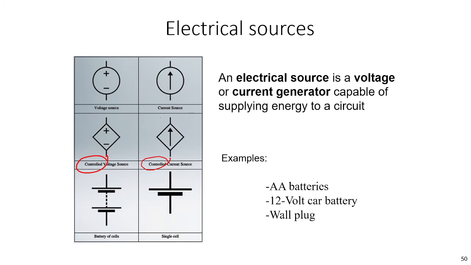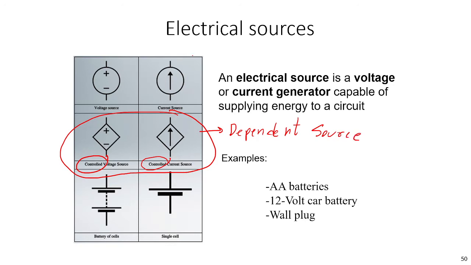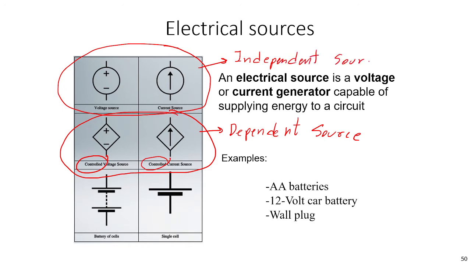We can call this type of source a dependent source. A constant source we can also call an independent source.